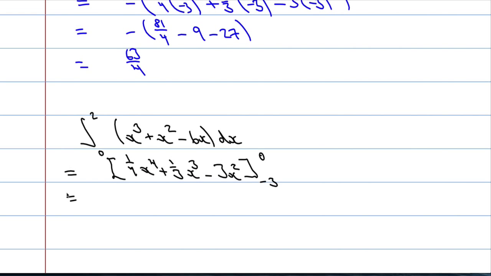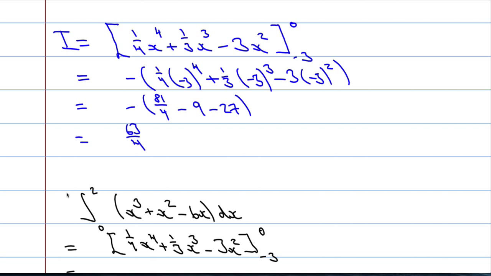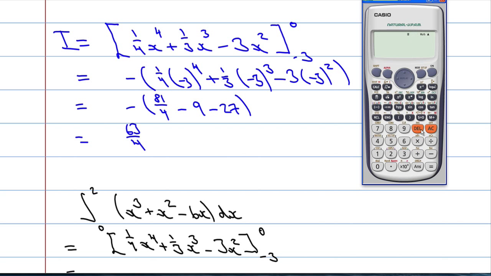And I'm going to save myself the hassle of doing it all again. I'm going to get my lovely calculator out. There was the original function. Here we had it here. And all I need to do is just change the bounds from 0 to 2. It equals, there we go, it's negative 16 over 3.